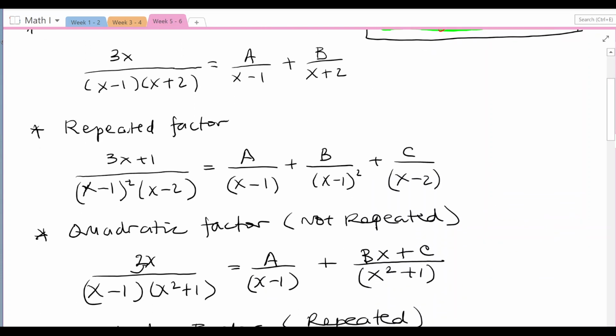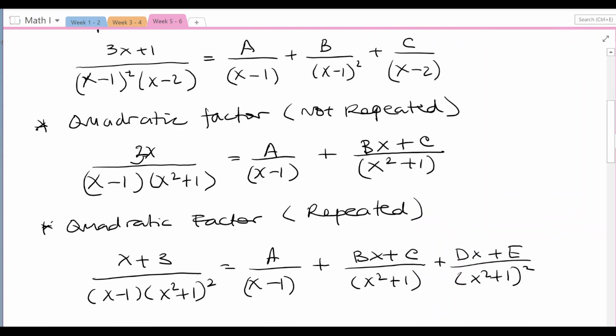Let's see the next one. The next one here is the denominator that contains quadratic factors but not repeated. So for example here, 3x over (x minus 1) times (x squared plus 1).